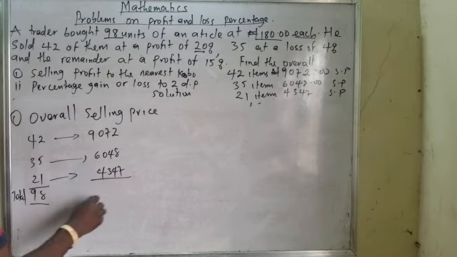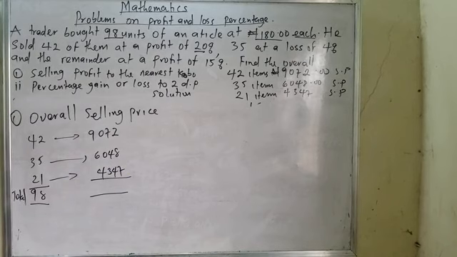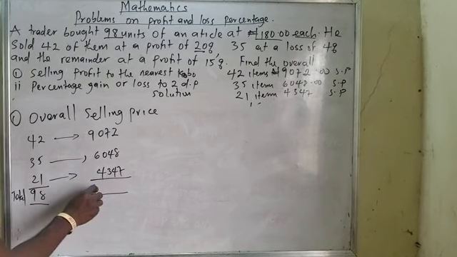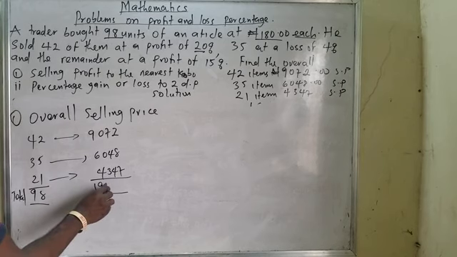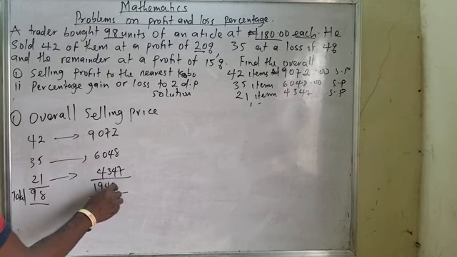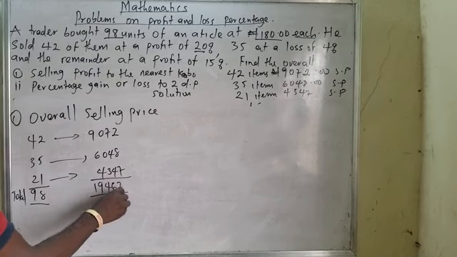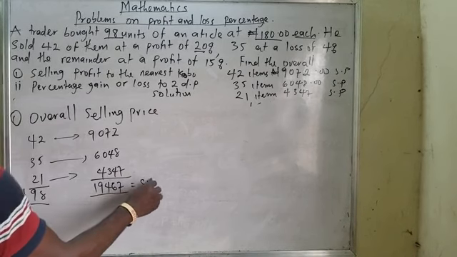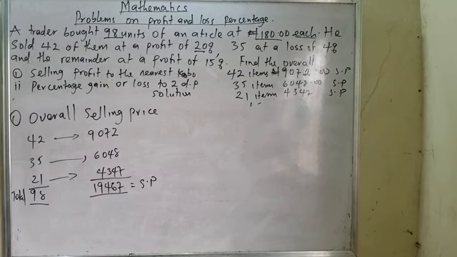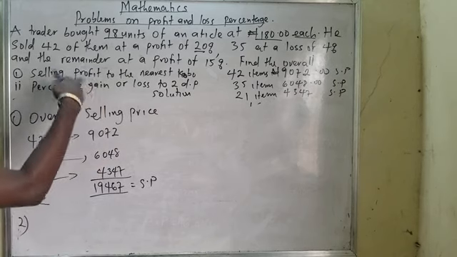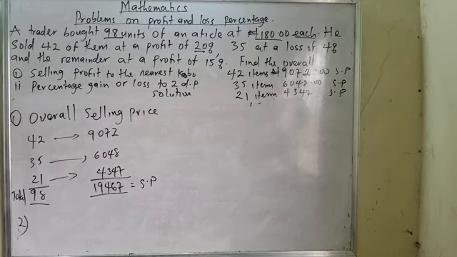Now, everything will give us in total, and when I add everything together, it will be equal to 19,467, which is the selling price. Now, the next thing I need to do is number 2.